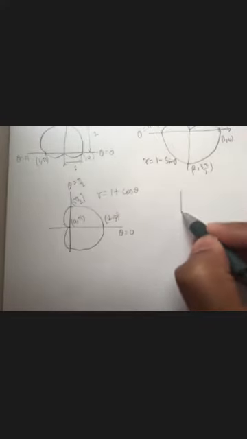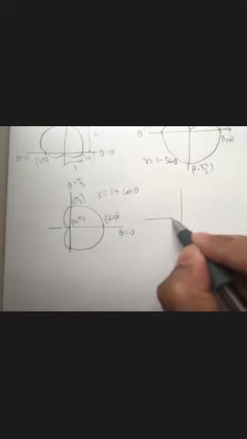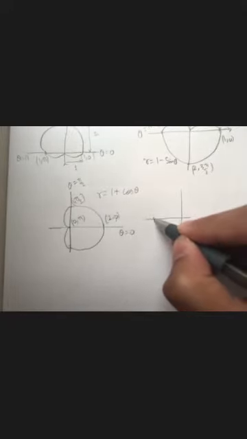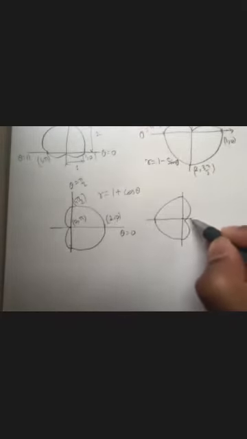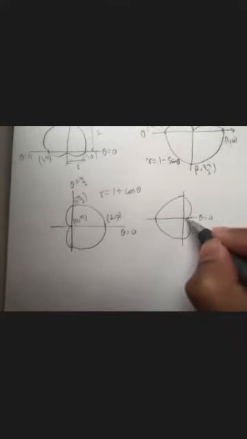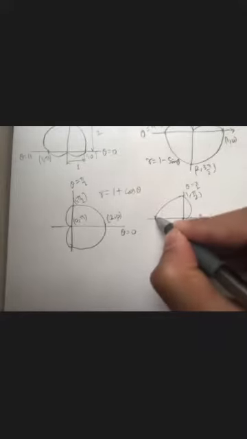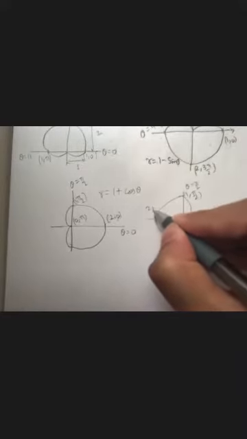Similarly, you have 0 comma 0, 1 comma pi over 2, 2 comma pi.